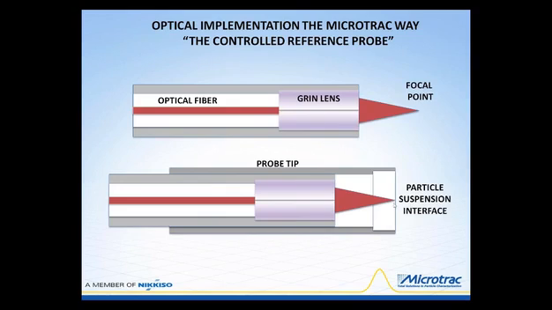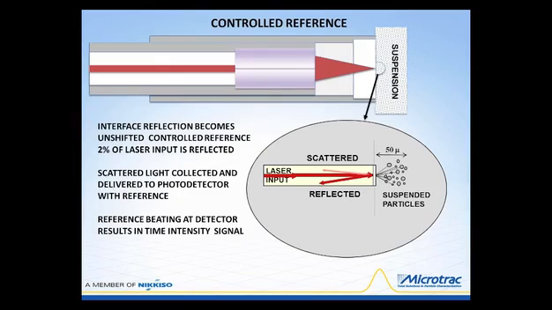So this focus is then accurately brought in, and that is frozen in place. So the probe becomes an optical bench where all this action takes place at the suspension interface. So we look at that in a little bit more detail.